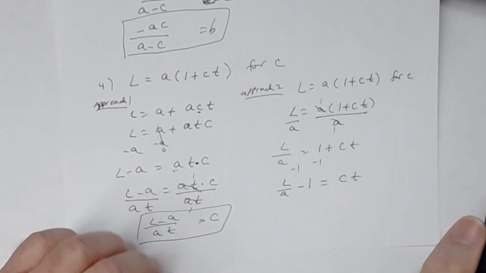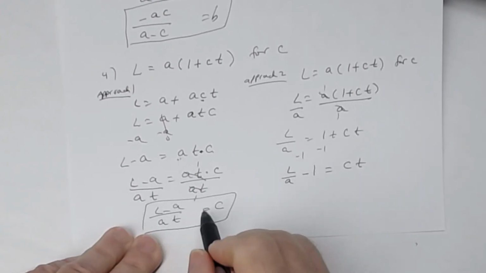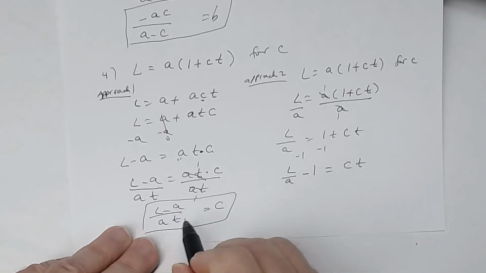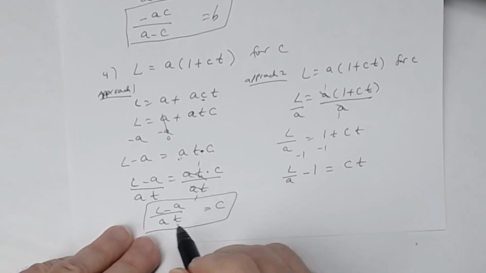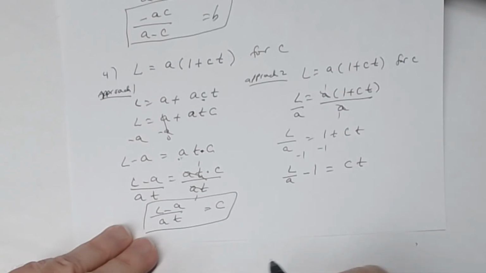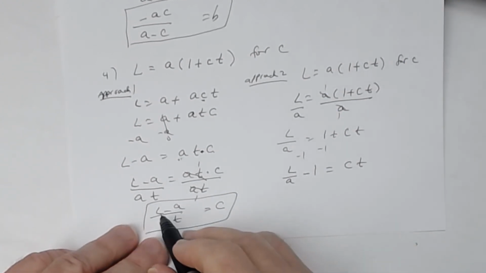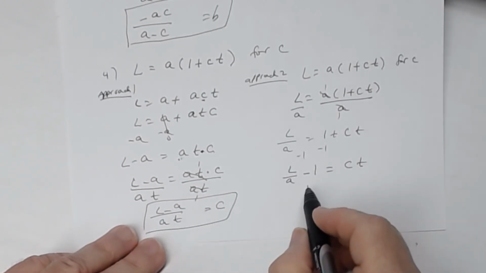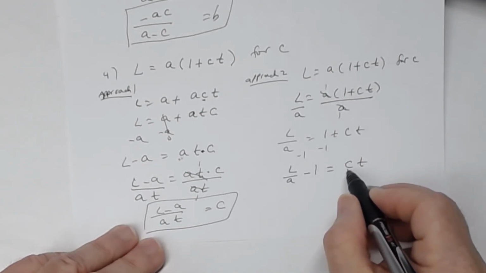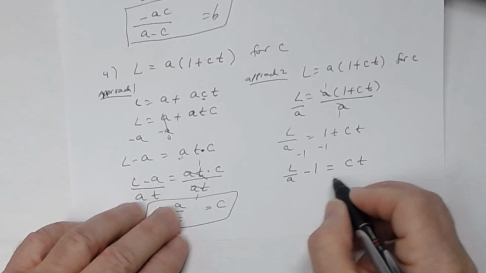Now this is where it becomes a little bit more complicated. When you look at the answers, this is the one that we would prefer you write as just a rational expression. Watch what happens when you do this one. So here, to get c by itself, let me go ahead and rewrite it over.